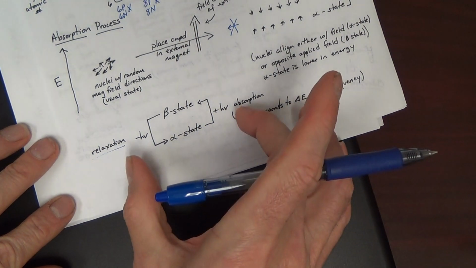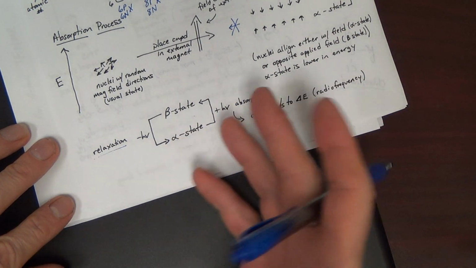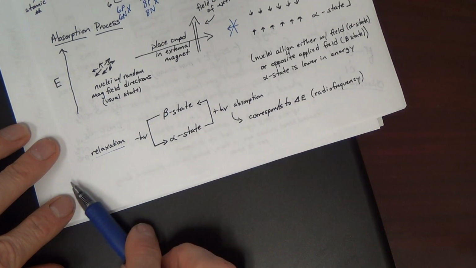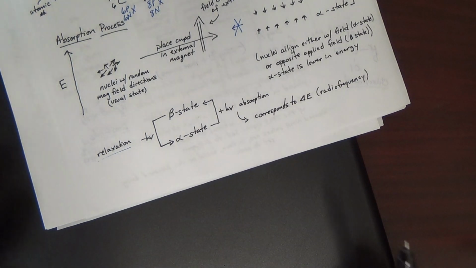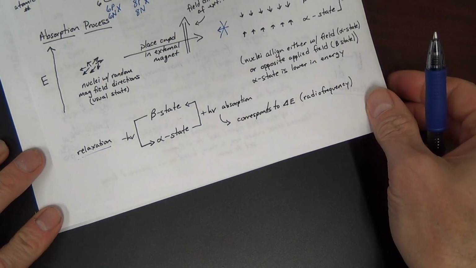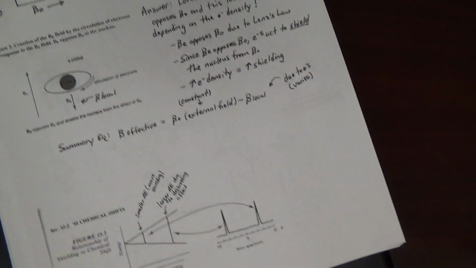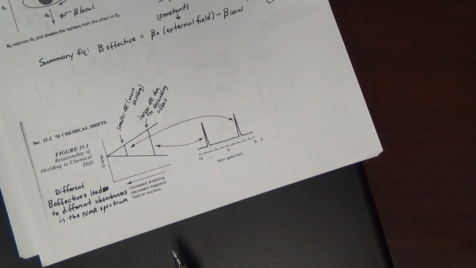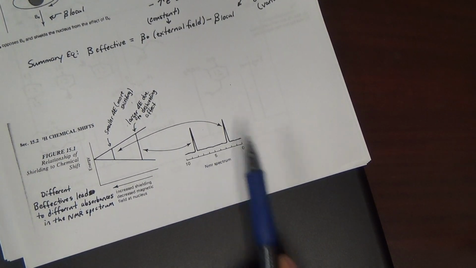But either way you want to call it, the measurement of the absorption or the measurement of the relaxation, this leads to an NMR spectrum. All right. But we have a ways to go, though. This next page will sort of get us there of how we can ultimately turn this information into different signals on our NMR spectrum.